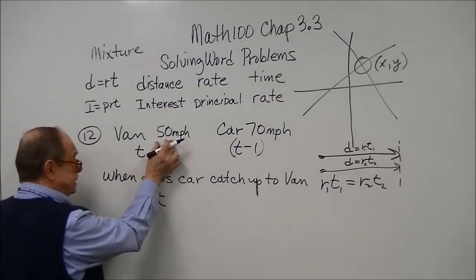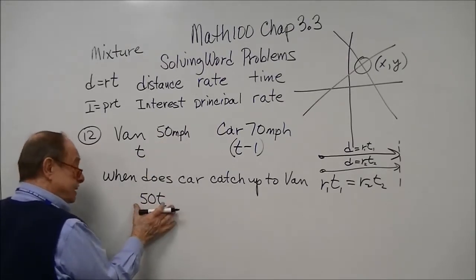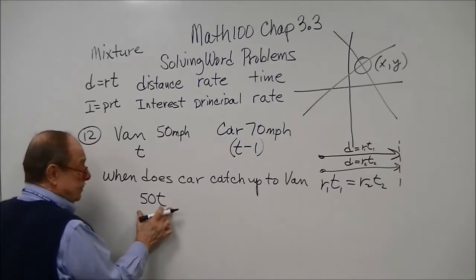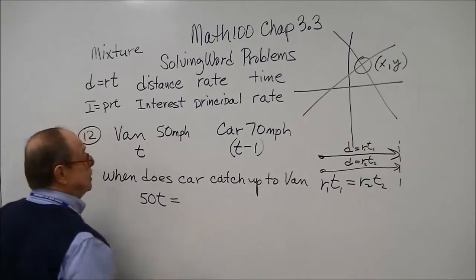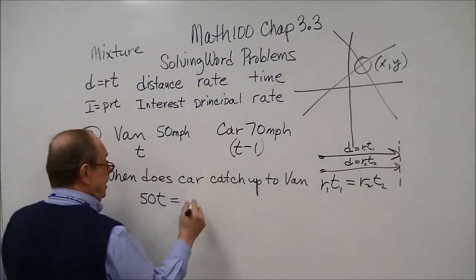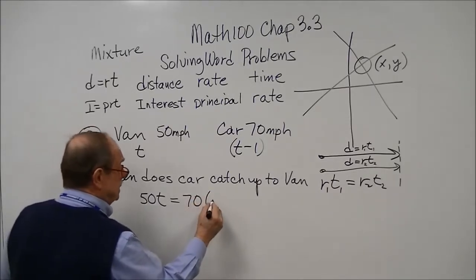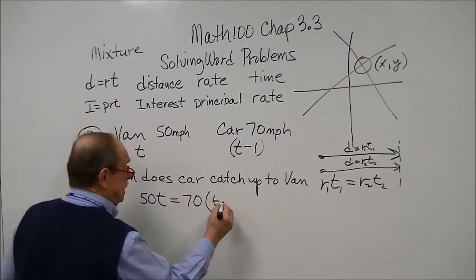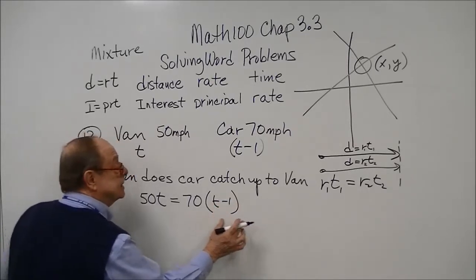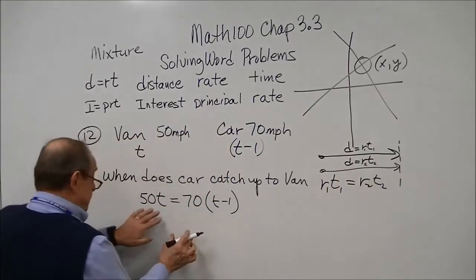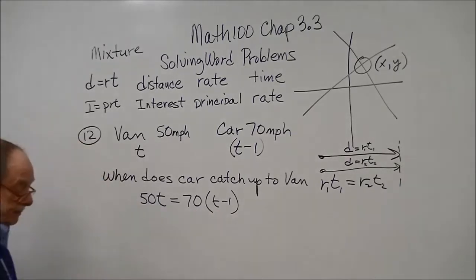We know this rate. So rate times time is distance. This stands for a certain amount of distance. And that's going to equal the car that is traveling at 70 miles per hour and doing this time. I have to put it in parentheses because this represents this distance, and this distance is the same as this distance. So there's our equation.